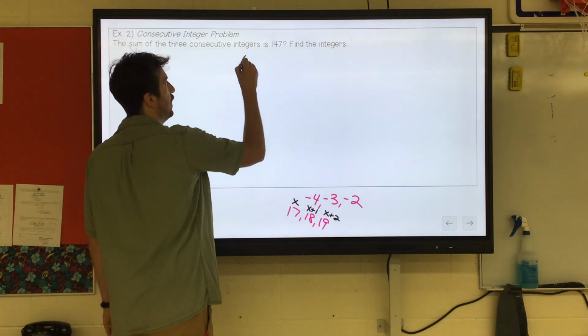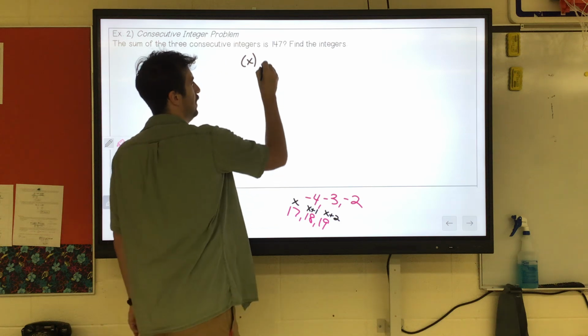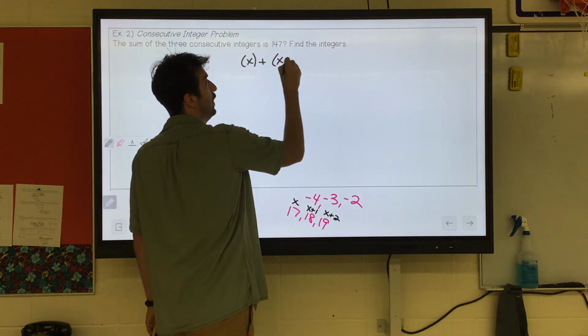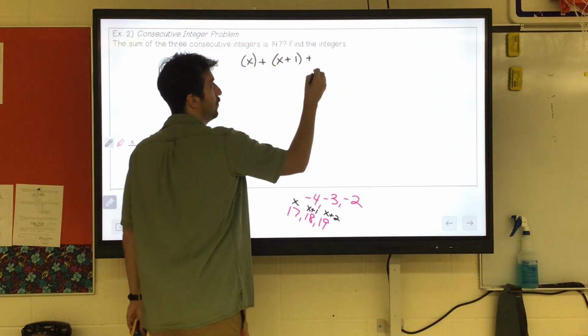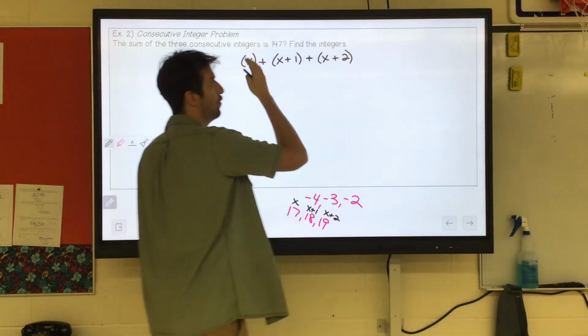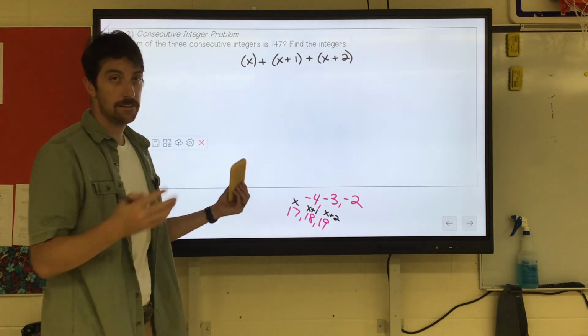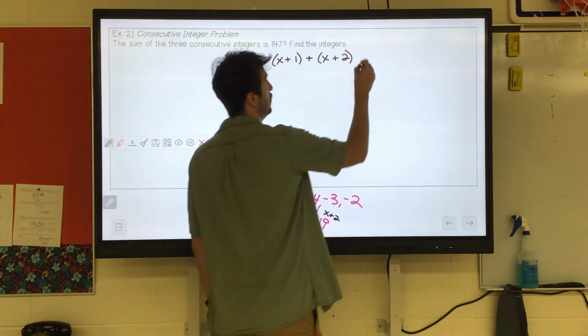The first one would be x. You don't need to put it in parentheses. We're just going to on this one. The second mysterious one would be x plus 1. And that third one would be x plus 2. These are our 3 consecutive integers. It says the sum of them, adding them up, came out to 147.